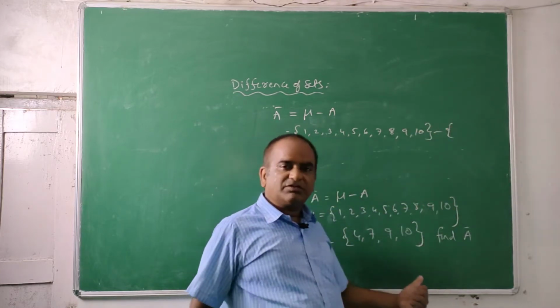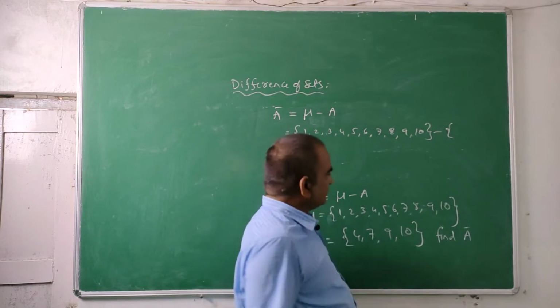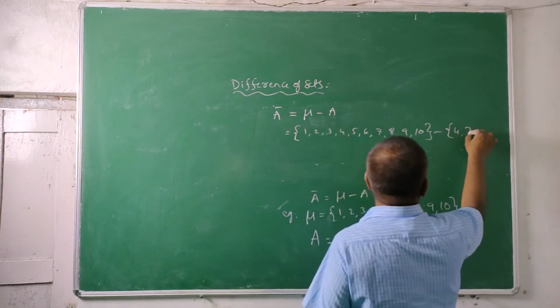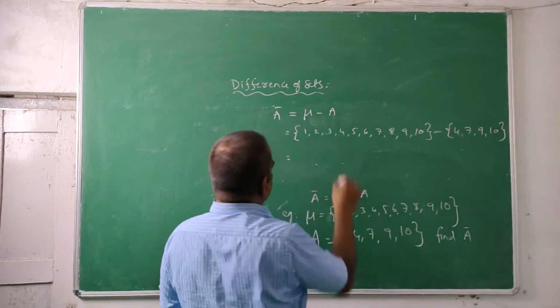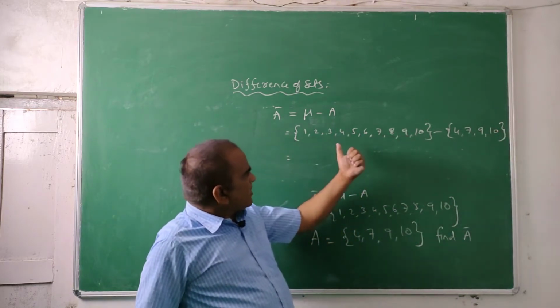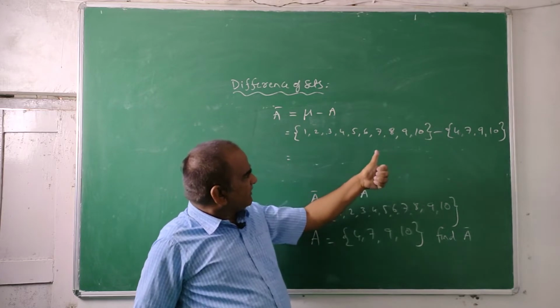What is A? 4, 7, 9, 10. So what are the common elements? 4, 7, 9, 10.